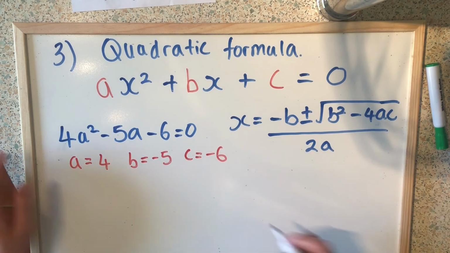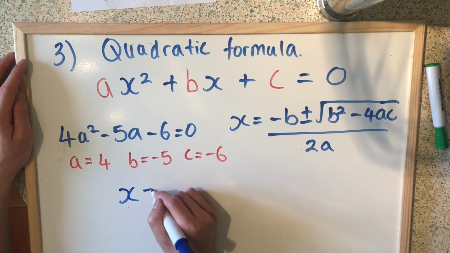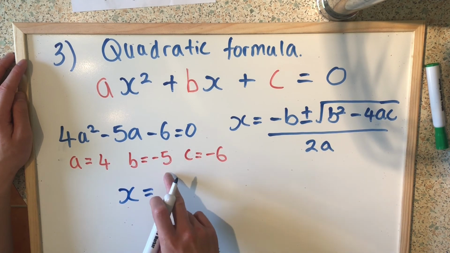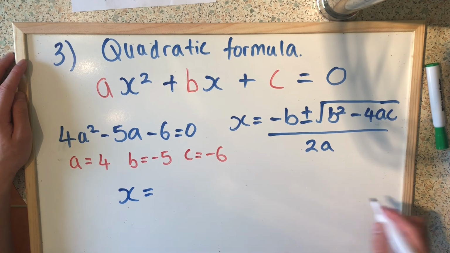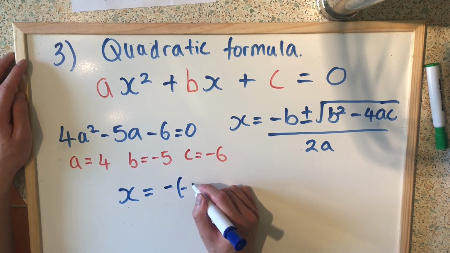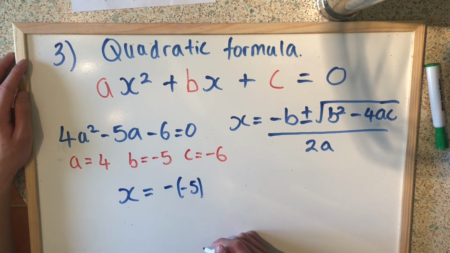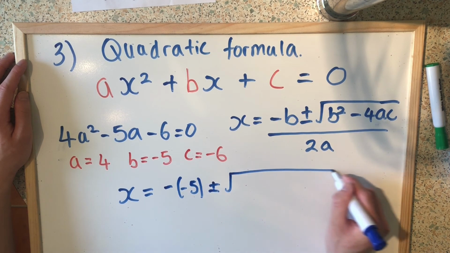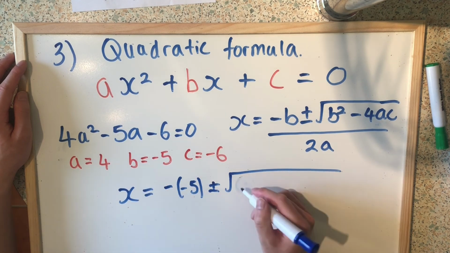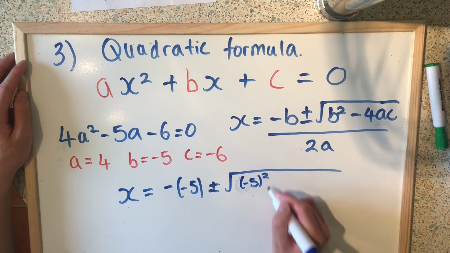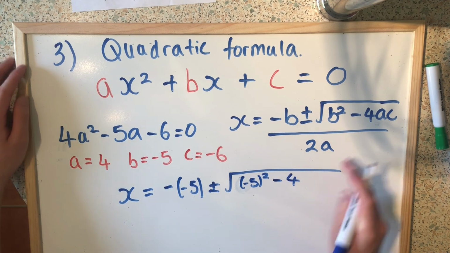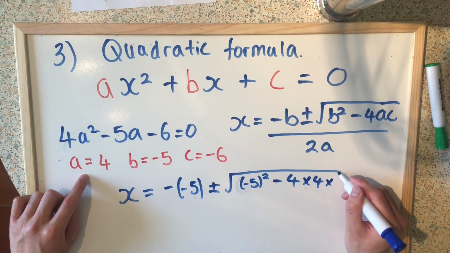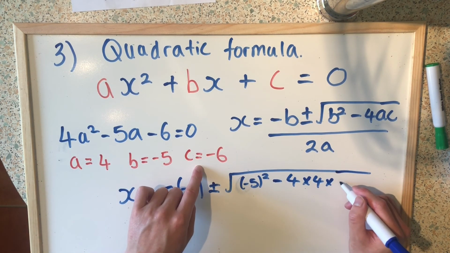So to solve for x, all we need to do is x is equal to minus b, so negative b. Our b is already negative 5, so negative negative 5, plus or minus the square root of b squared, so negative 5 squared, minus 4 times a, which is 4, times c, which is minus 6.